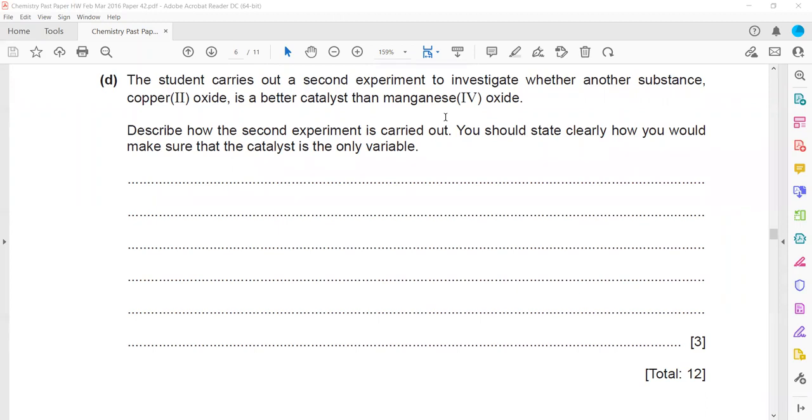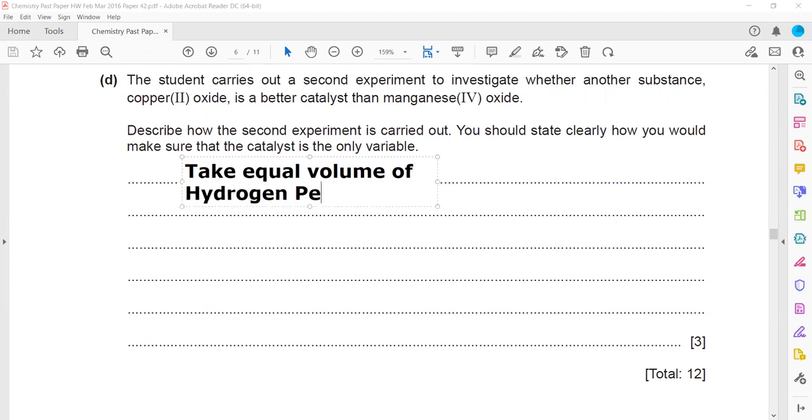In the marking scheme, I removed the answer for this question. The reason was that I want to check your understanding skills, like how you will write an answer without the reference of the marking scheme. So what the student should do, he should take equal volume of hydrogen peroxide, because hydrogen peroxide is the substance which decomposes.